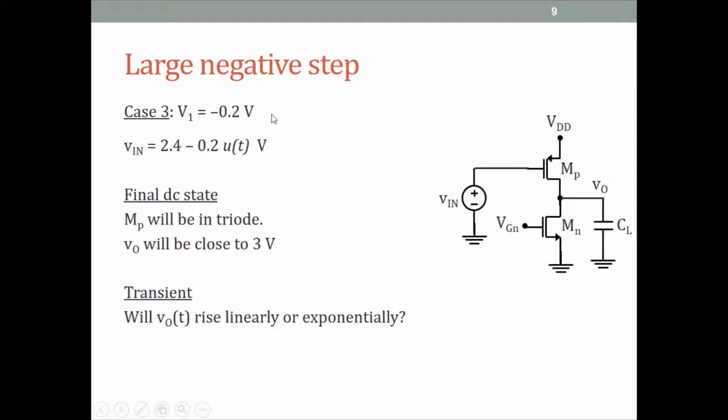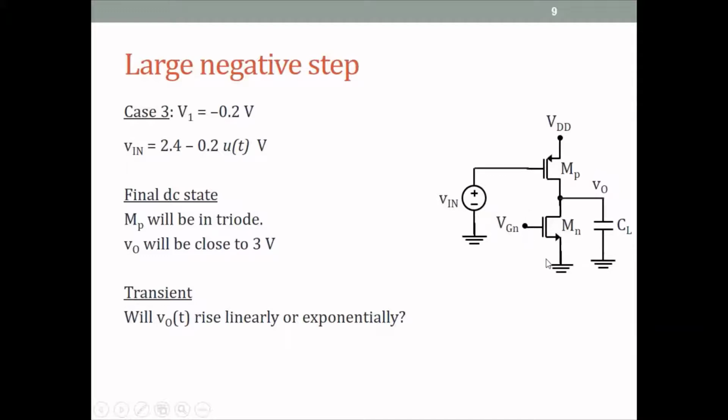All right, now let's apply a large negative step, so minus 0.2. So the step is minus 0.2 volts. At the input we had 2.4, and we are saying we'll have minus 0.2. So the gate voltage of MP instantaneously at t equal to 0 will become 2.2 volts. This is a large gate source voltage; the gate source voltage of MP is now 0.8 volts.